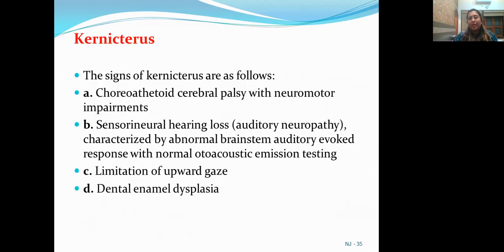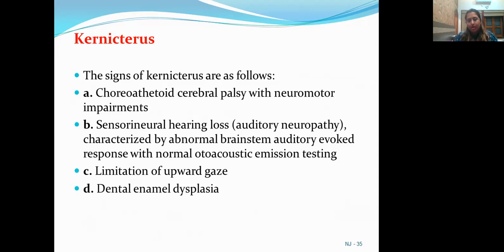And finally, coming to kernicterus, the most dreaded and the most deadly complication of bilirubin-induced neurological damage.